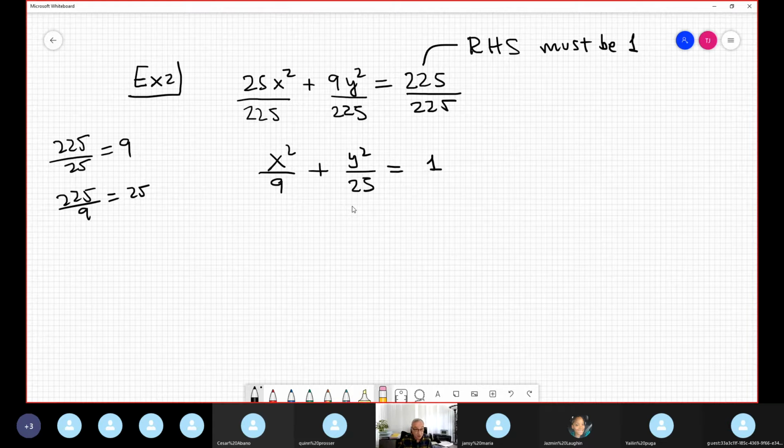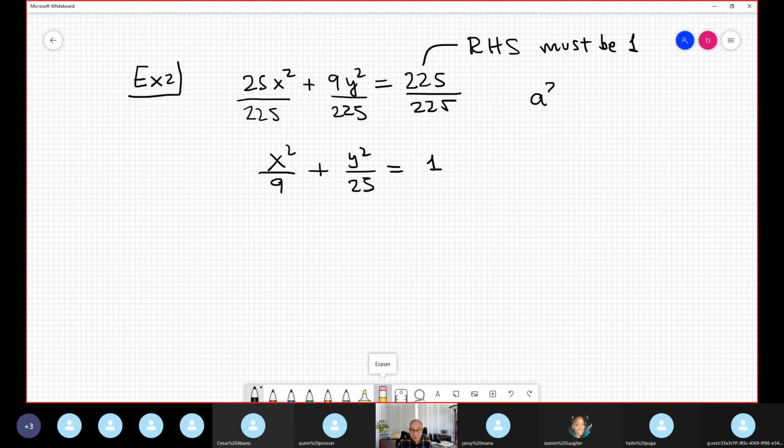Now this is ready, actually it's in standard form. Now I immediately discover that for our ellipse the major axis lies on the y-axis, because a squared is 25, therefore a is 5, and b squared is 9, therefore b is 3.